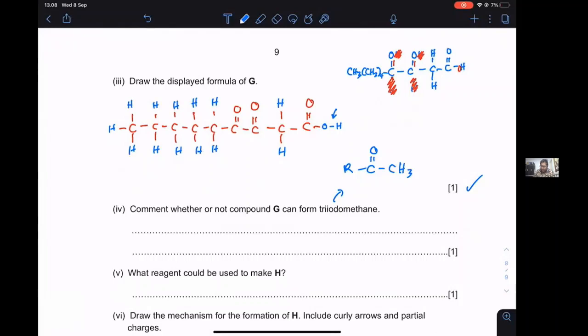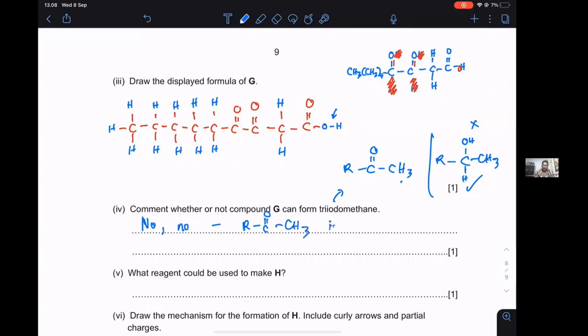If it is an alcohol, then we talk about C, OH, and 1 H, and then CH3 and another R. In this case, this is not an alcohol, so we are not going to focus on this. Therefore the answer is no. Even if you just say no, it's okay, you will get the full mark. But it will be better if you can comment: no methyl ketone, it doesn't have this structure, you can draw.